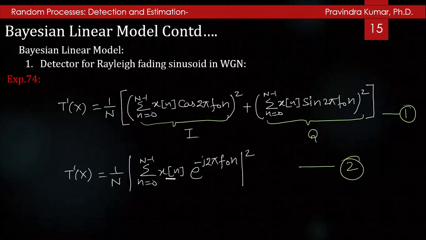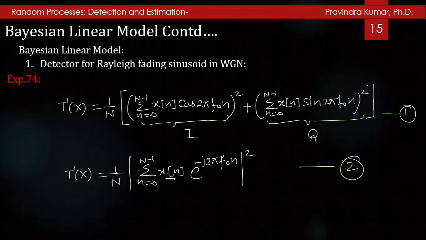So first of all, we have to combine xn, the observed data, with cos 2 pi f naught n, and on the other side combine xn with sin 2 pi f naught n, or combinedly we can combine xn with the exponential function e to the power minus j 2 pi f naught n.